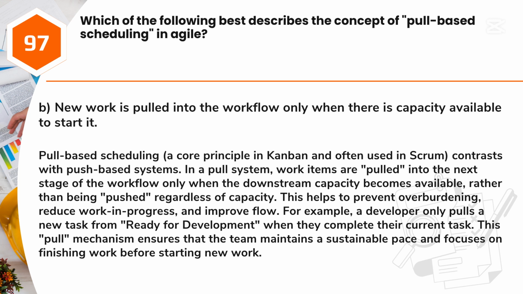This helps to prevent overburdening, reduce work in progress, and improve flow. For example, a developer only pulls a new task from ready for development when they complete their current task. This pull mechanism ensures that the team maintains a sustainable pace and focuses on finishing work before starting new work.